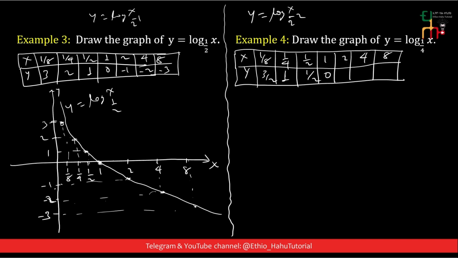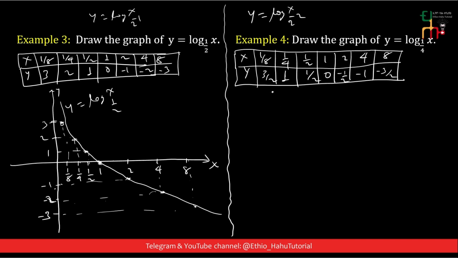When x is equal to 2, logarithm of 2 to the base 2 to the power of minus 2 is minus 1 over 2. When x is equal to 4, logarithm of 2 to the power of 2 to the base 2 to the power of minus 2 is minus 1. When x is equal to 8, logarithm of 2 to the power of 3 to the base 2 to the power of minus 2 is minus 3 over 2.